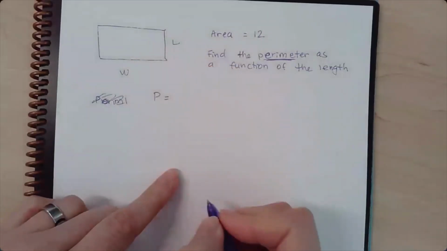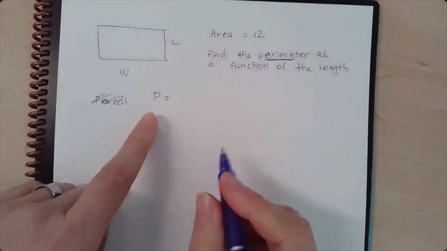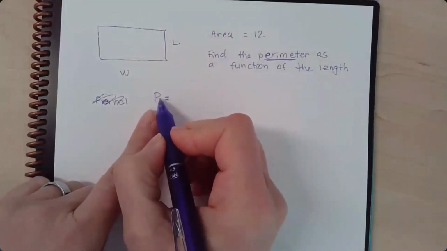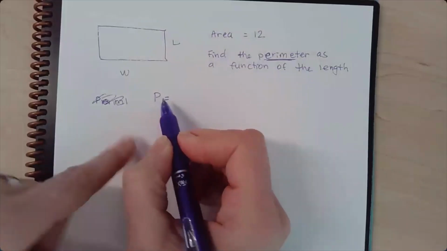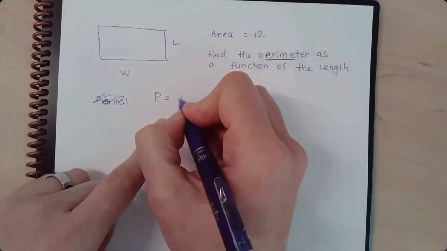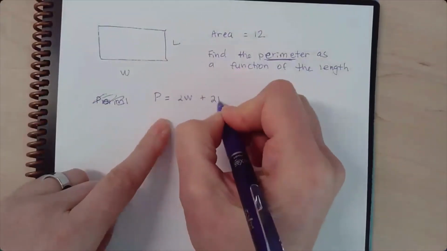This is one of the WeBWorK word problems, though we don't need calculus to do it. Our perimeter for this shape is 2 times the width plus 2 times the length.